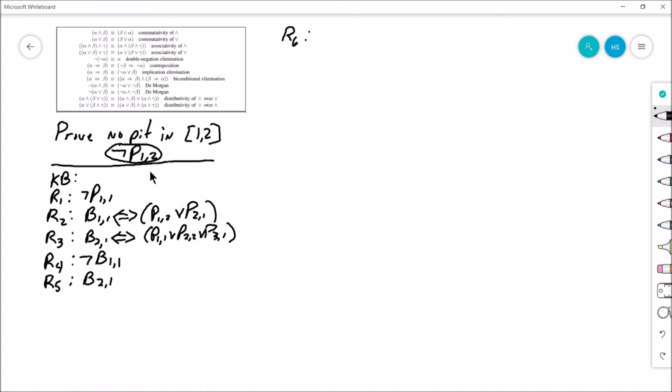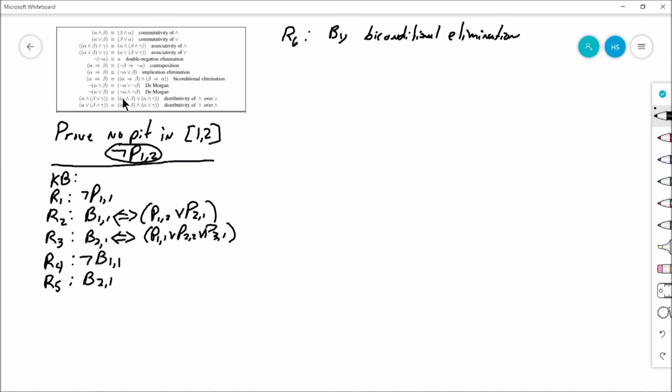And this sentence is going to be derived by biconditional elimination. You can see that equivalency in the table. Now the alpha, the beta, and theta, those just represent arbitrary sentences.